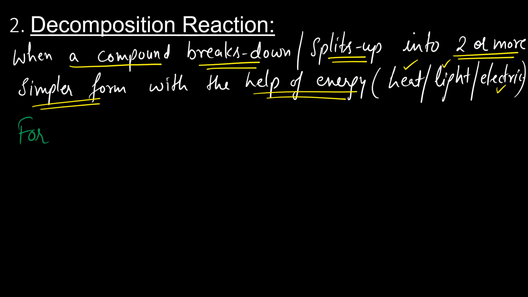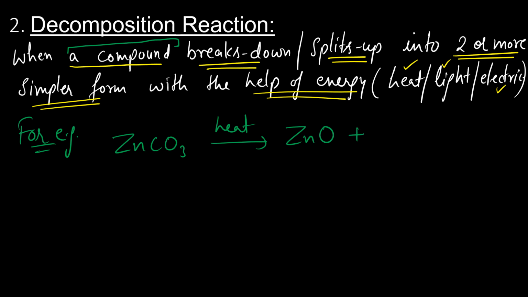When checking the examples of decomposition, what we have to take care of is that we should have only one reactant, because it says a compound. Let's say I have zinc carbonate. When I'm heating it, it will give me zinc oxide and carbon dioxide. So in this case, on heating one reactant, I am getting two products.